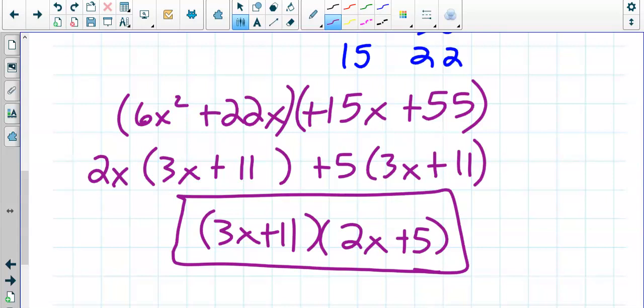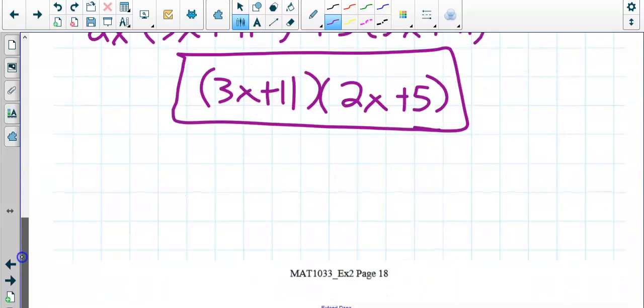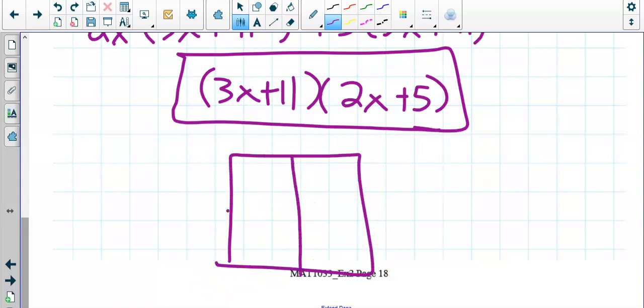Now the box. So again, it'll be these same values. In the top corner right here goes 6x squared. The bottom right is the 55. And in these two boxes go whichever number you wanted from the 15 and the 22. So which one do you want in the bottom left?